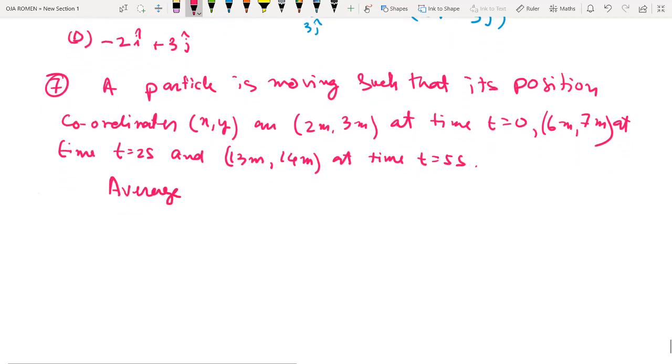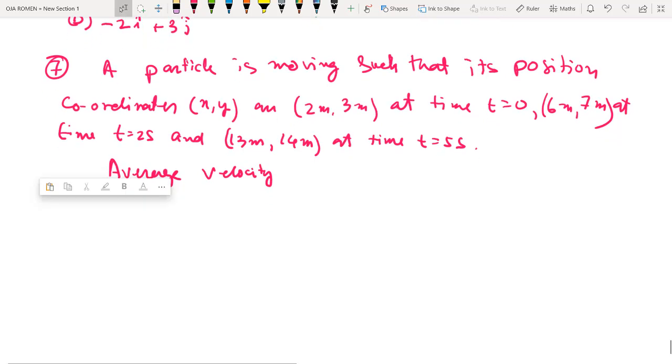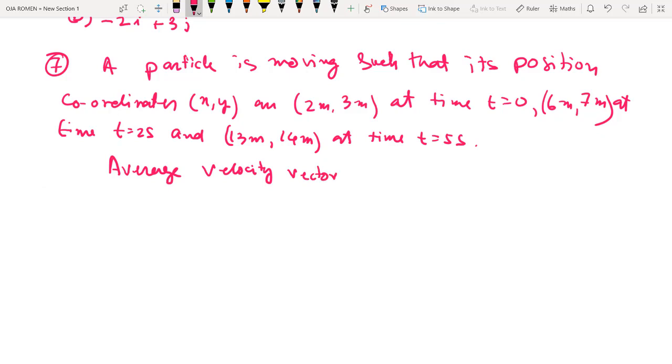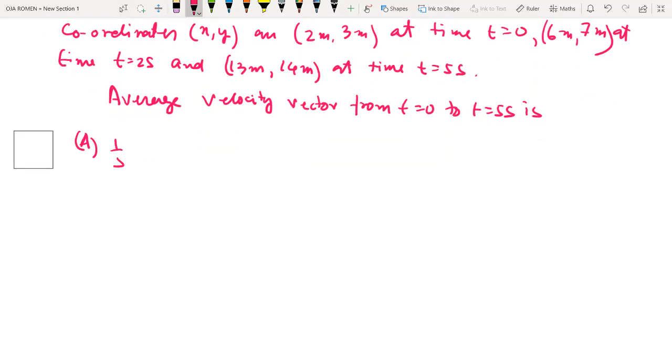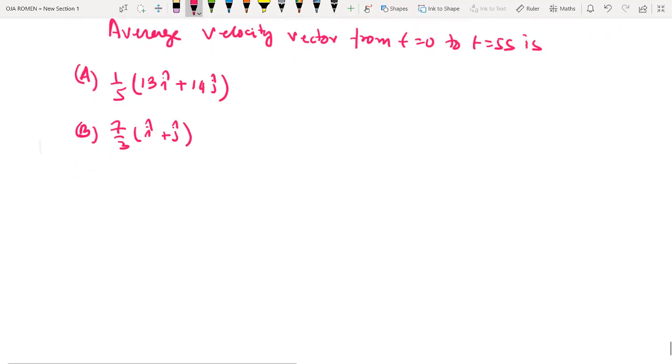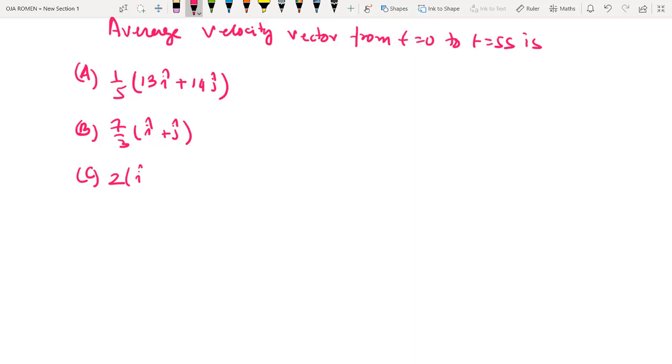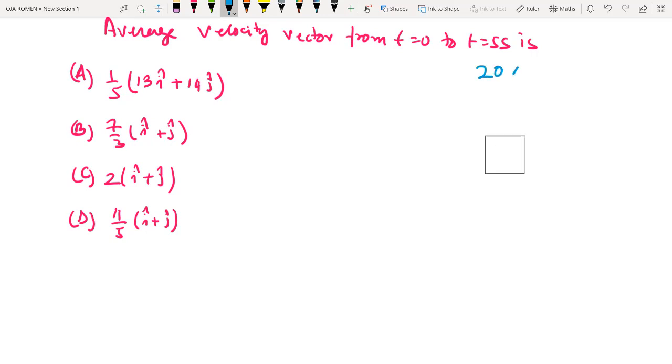Average velocity vector from t equal to 0 to t equal to 5 seconds is: option A, 1 by 5 (13i plus 14j); B, 7 by 3 i plus j; C, 2i plus j; D, 11 by 5 i plus j. This was asked in 2014 NEET.